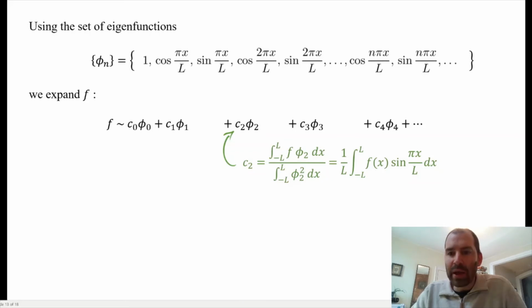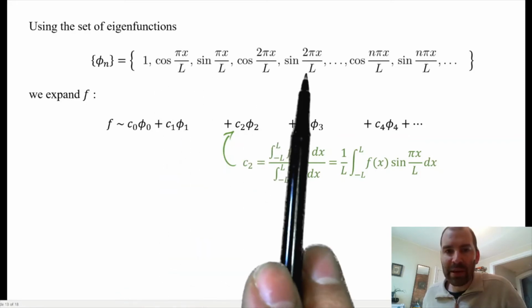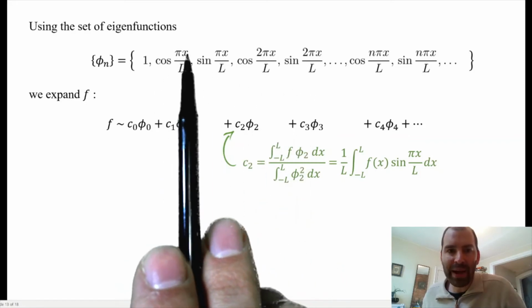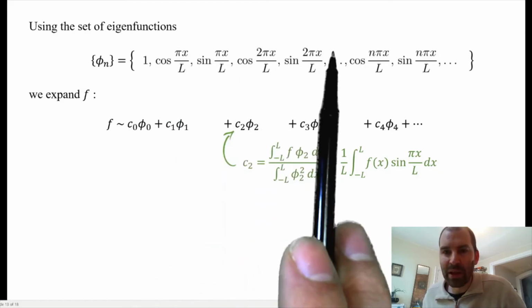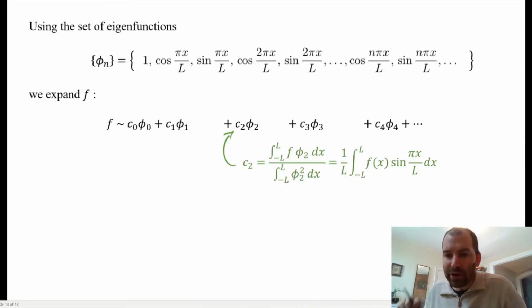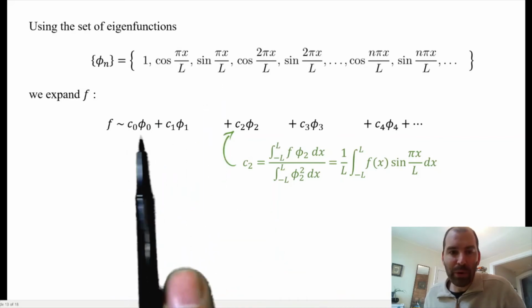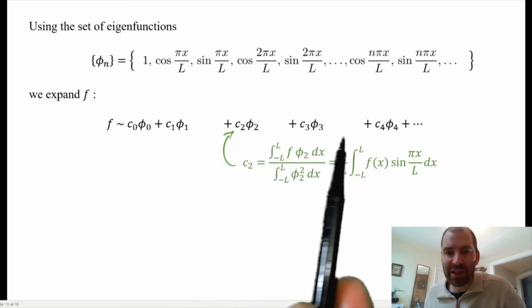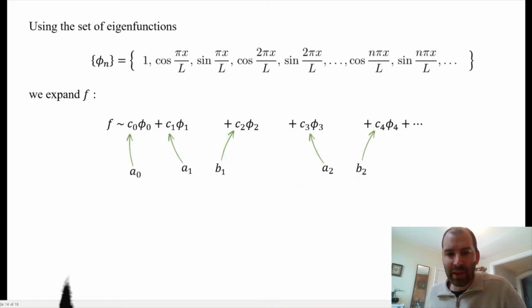All right, so now we're going to do one more thing. We're going to observe that these eigenfunctions are coming in pairs. Notice pi x, 2 pi x, 3 pi x, 4 pi x. So they're grouped in pairs with a cosine and then a sine. So I want to group these coefficients in pairs as well, and we're going to rename these.